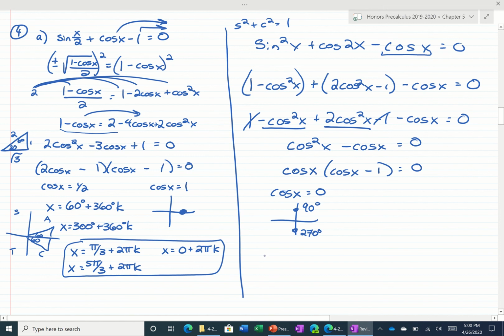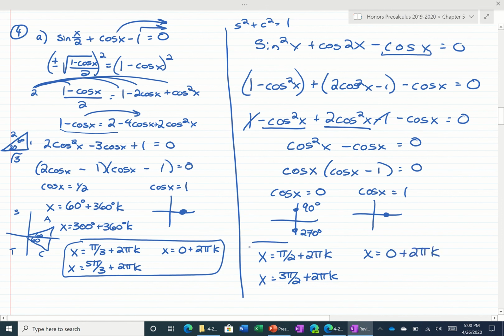But because we're using x, we're going to say the answer is pi over 2 plus the period, and we're going to say 270, which is 3 pi over 2 plus 2 pi k. And the last one, when is cosine of x 1? We just talked about this in the last problem. Cosine's the x value, it's 1 right here. So we could say another answer would be 0 plus 2 pi k. Those would be the three answers that I would accept.